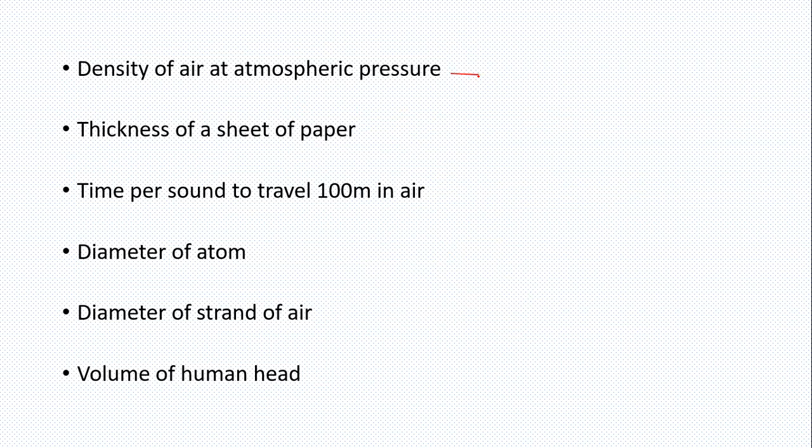The density of air at atmospheric pressure is given as 1.2. Sometimes some people will allow 1.22 kilograms per meter cubed. Or somebody will just pick 1.2. This is also recommended. You can still use that, or you can use 1.22 kilograms per meter cubed.